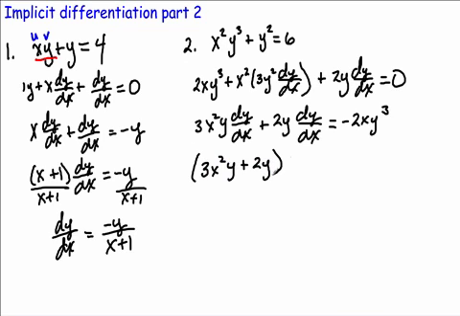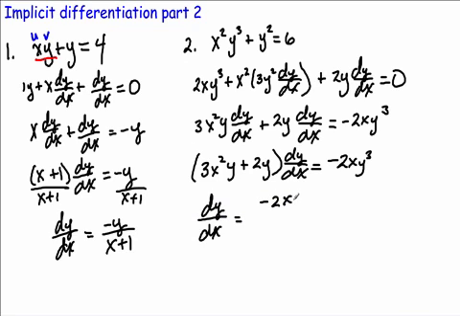And I get this, and that still equals negative 2xy cubed. And now I divide, and I get dy dx is equal to negative 2xy cubed over 3x squared y plus 2y.